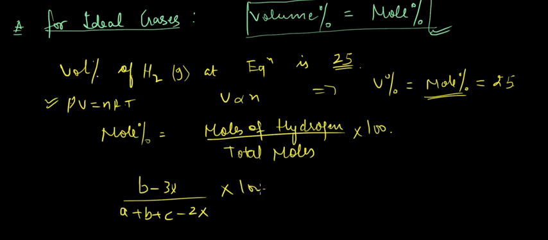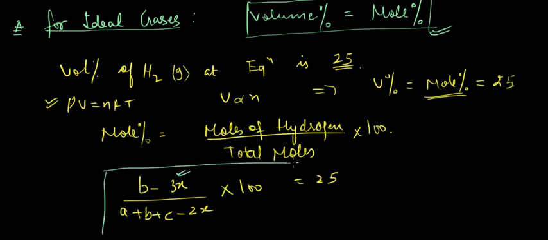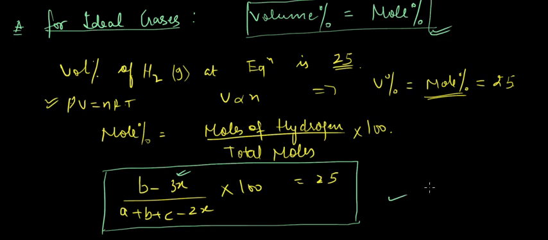Just multiply it with 100 and equate this value to 25. Obviously you will be given a, b, c, and you will be asked to find the value of x by giving you the mole percentage as in this case, so it would be easy for you to calculate.